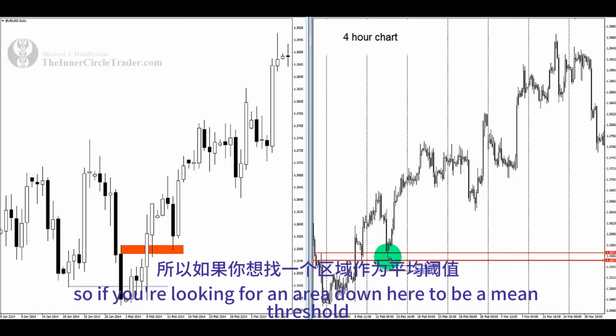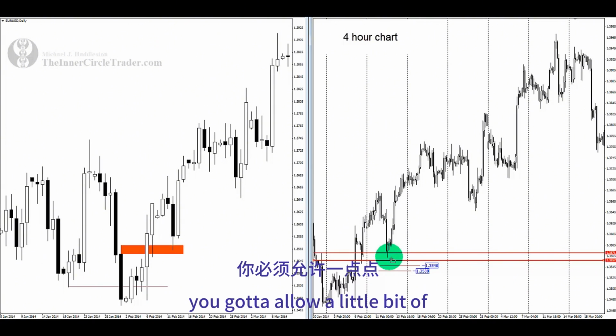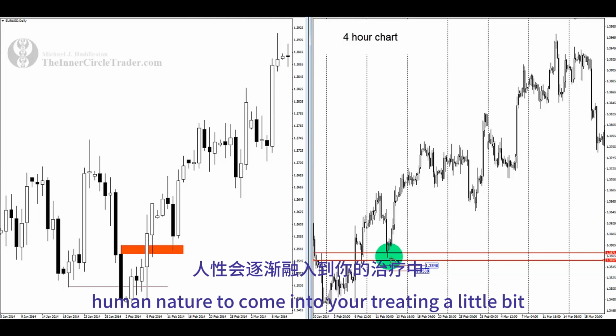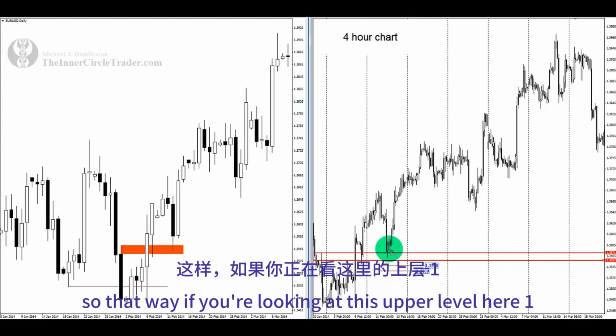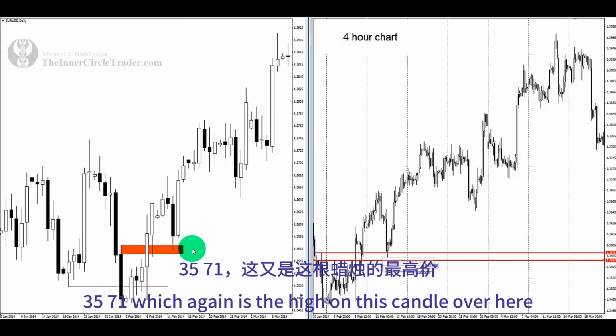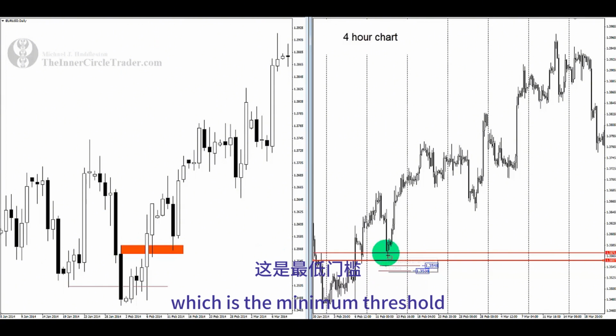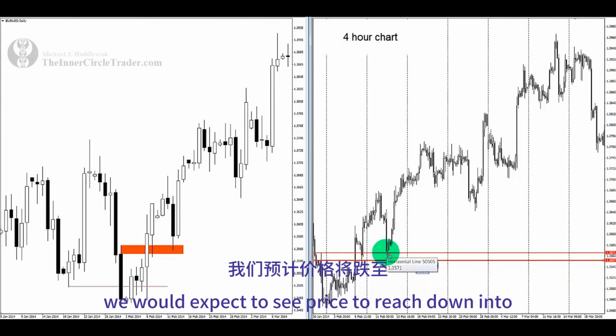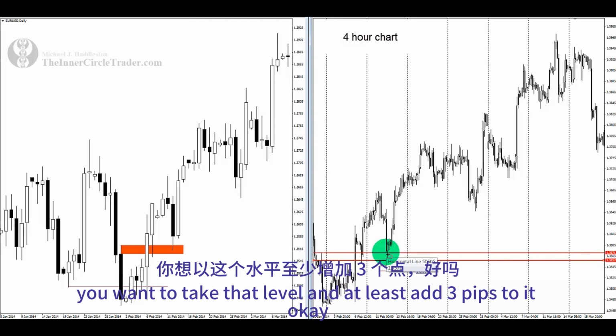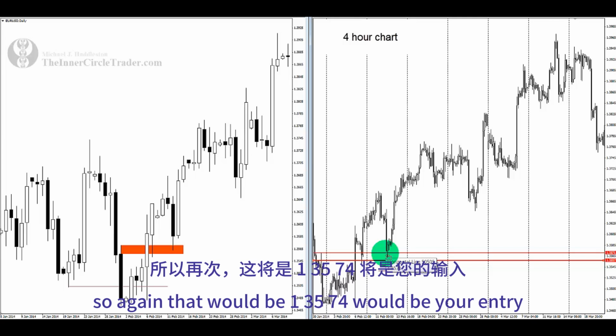So if you're looking at this upper level here, 135.71, which is the high on this candle over here and the minimum threshold we would expect price to reach down into, you want to take that level and add at least 3 pips to it. So 135.74 would be your entry.